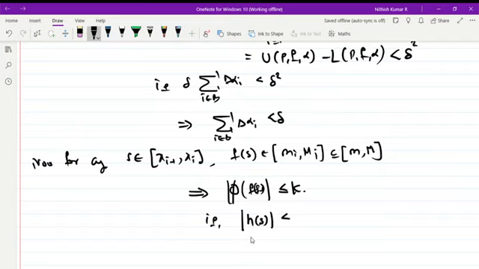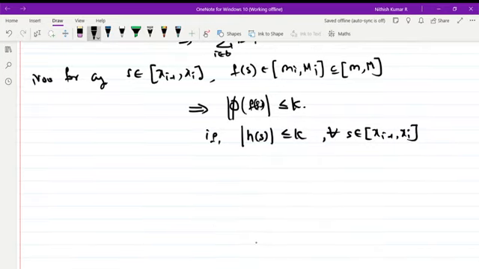So modulus of h of s is less than or equal to k for all s belonging to the closed interval x(i-1), xi.